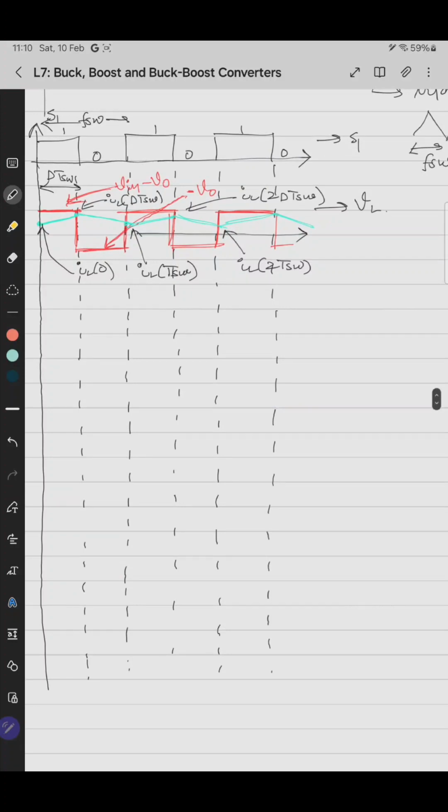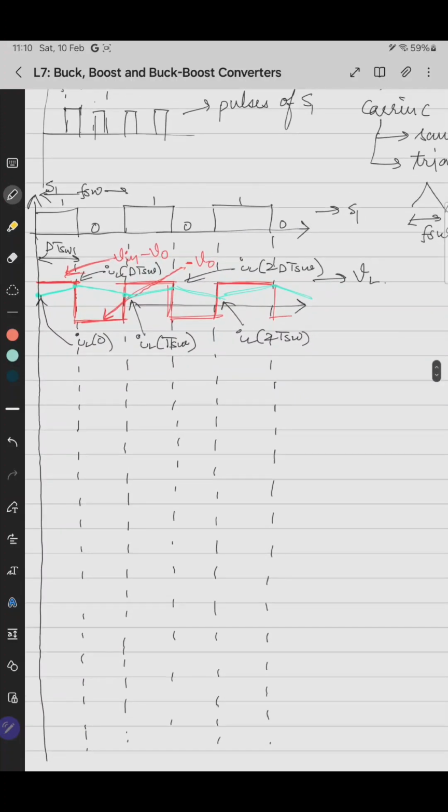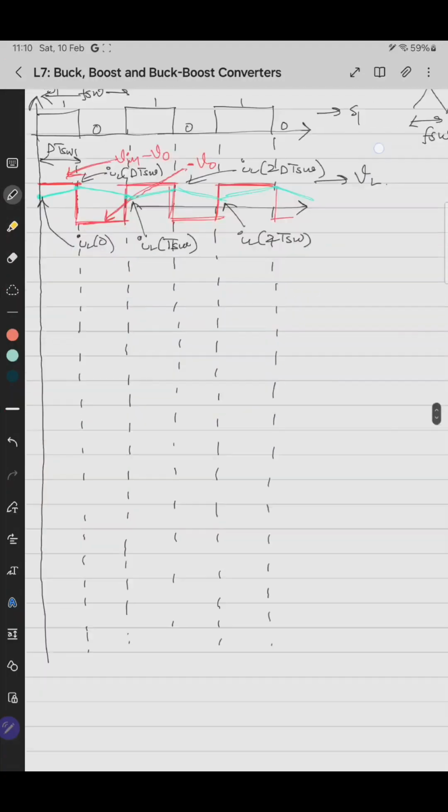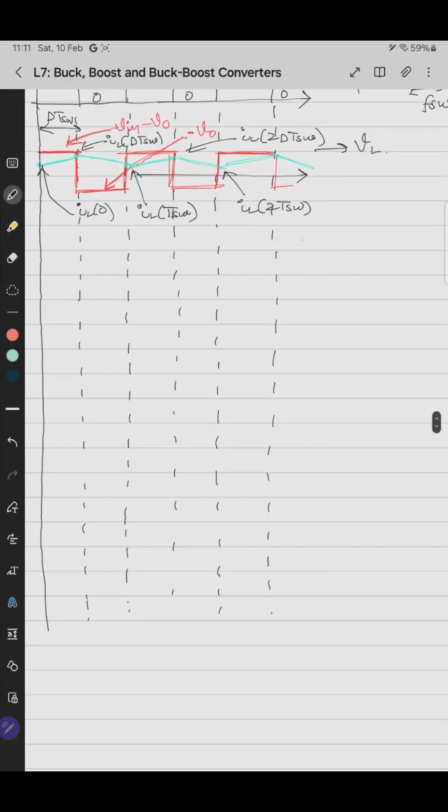Okay, so we don't know what should be the values of these inductor current peaks. Now say that at the end of each cycle, let's say the values IL of T switching, we have 2 sets of values.